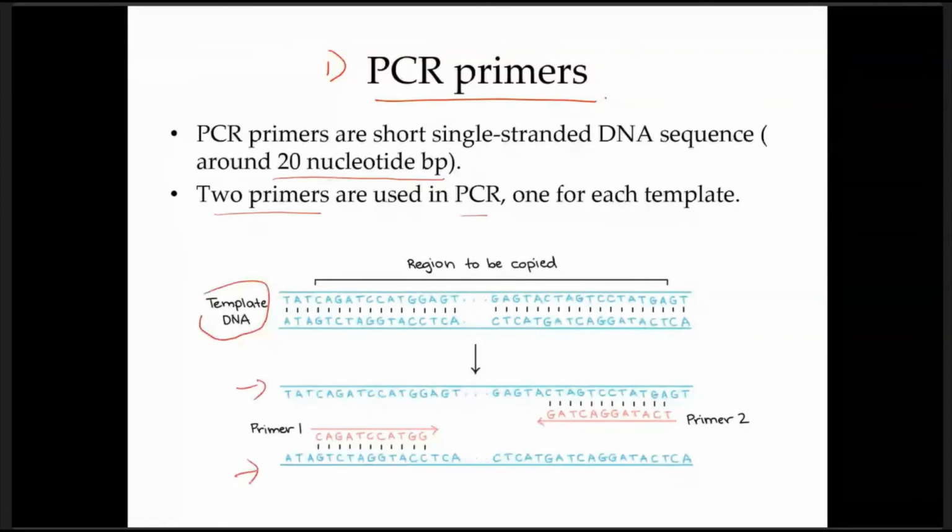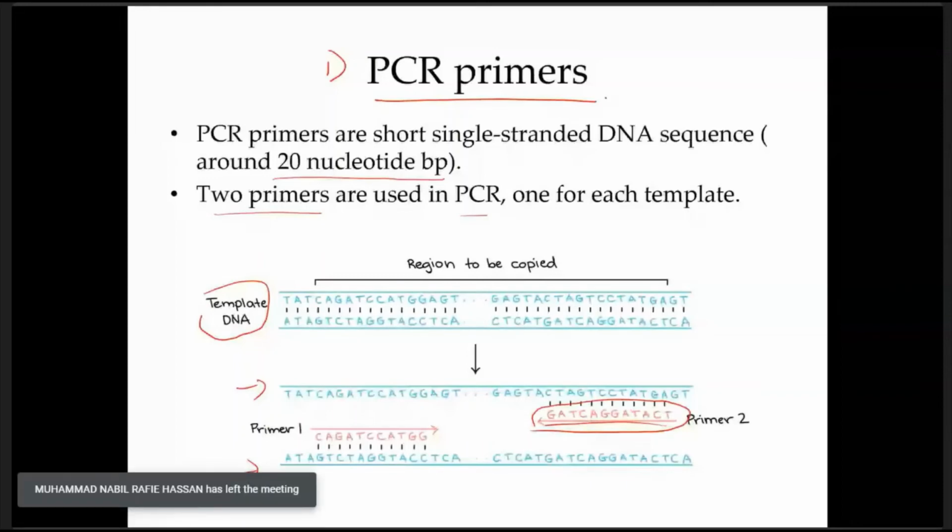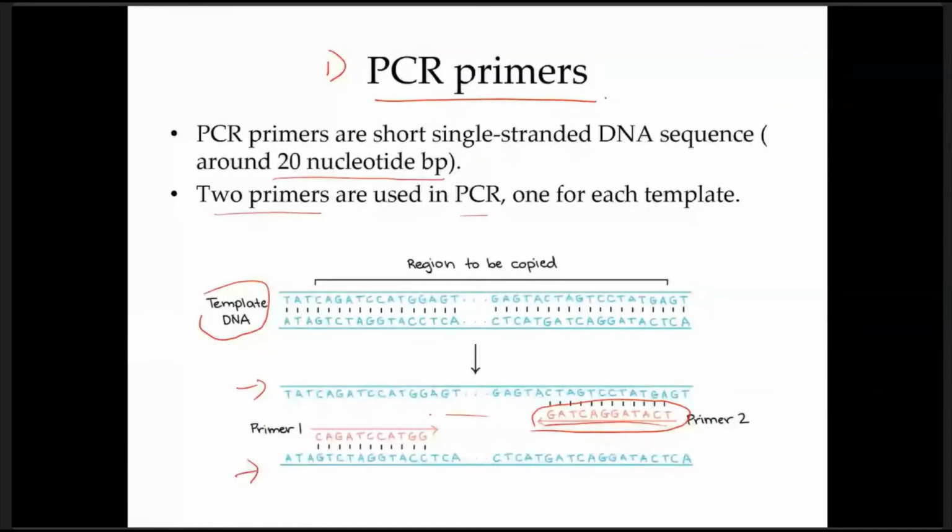In order to synthesize the complementary strand, you add the primers already in the test tube reaction. The primer will find the specific matching sequence on the template to initiate the elongation of the complementary strand. So you have primer 2 and primer 1, one for each template.